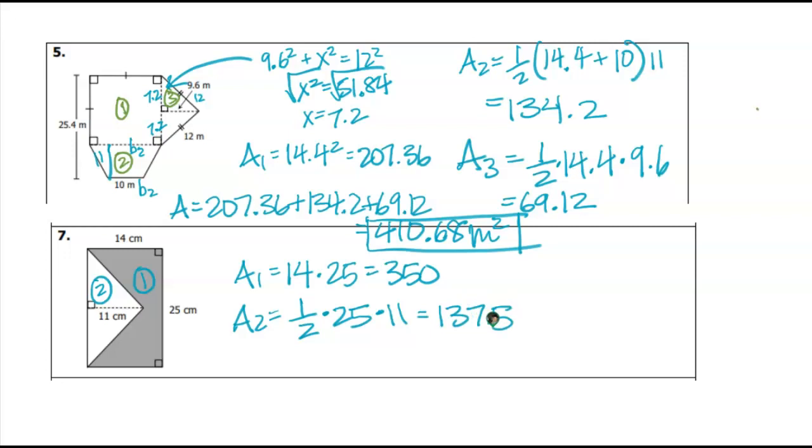Okay, and then to get my area of the shaded region, I'm going to take the larger one, 350. I'm going to subtract 137.5, and I get 212.5 centimeters squared.